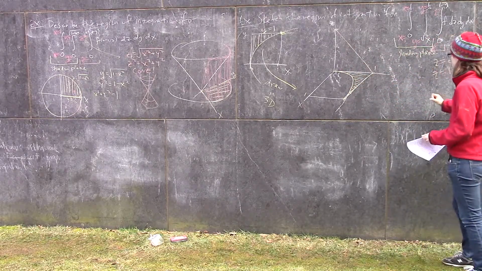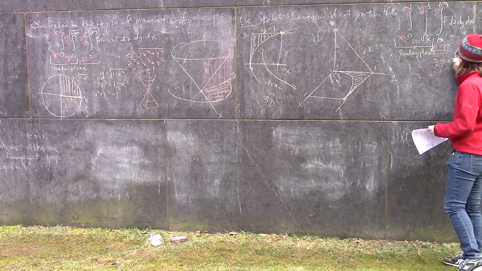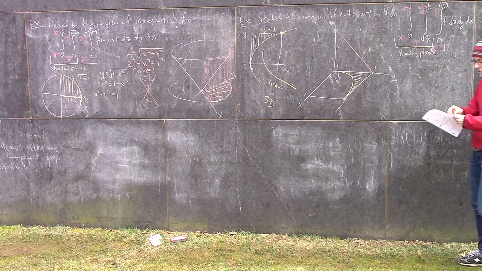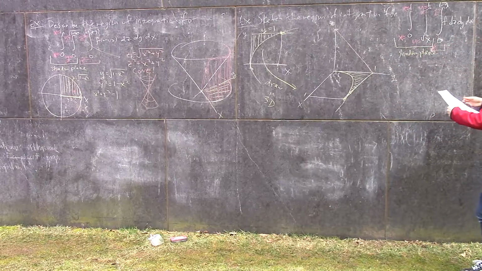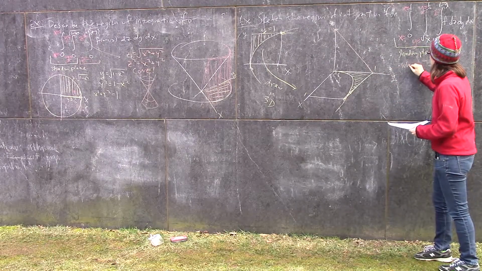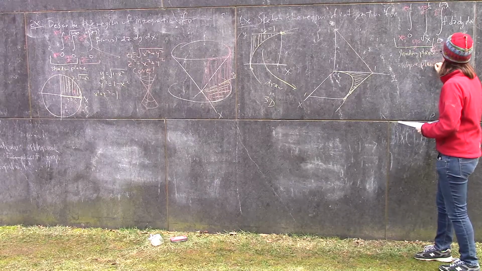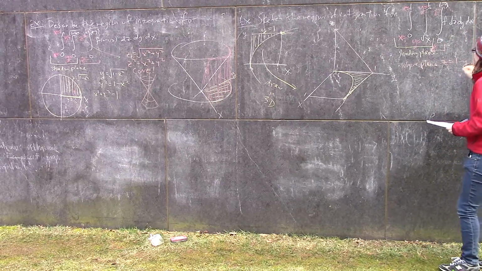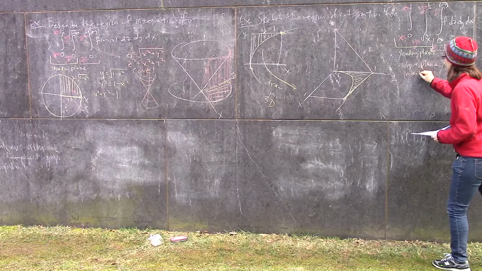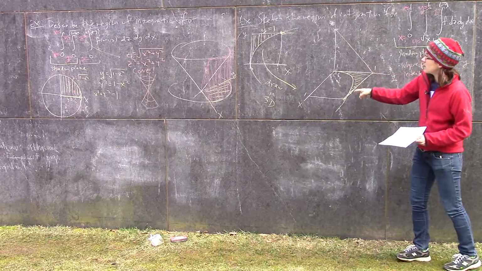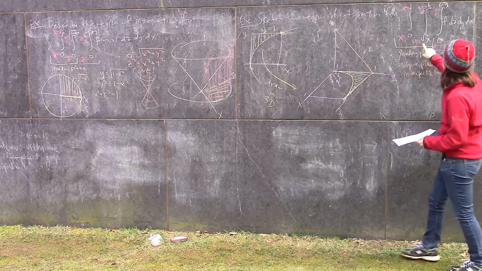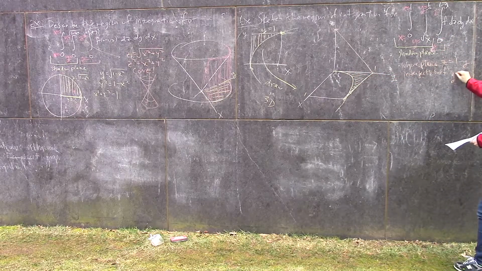So let's do that. We need to figure out where the plane z equals 1 minus y intersects the surface y equals root x.